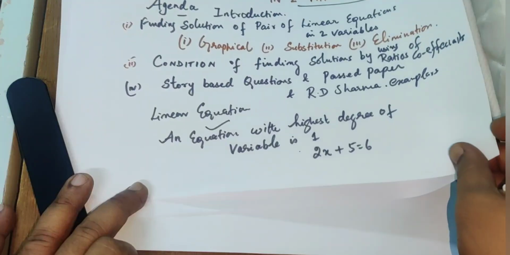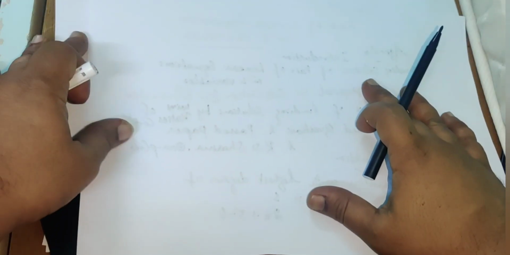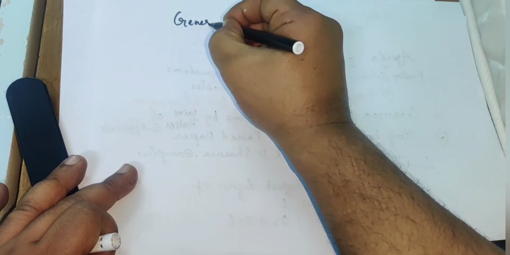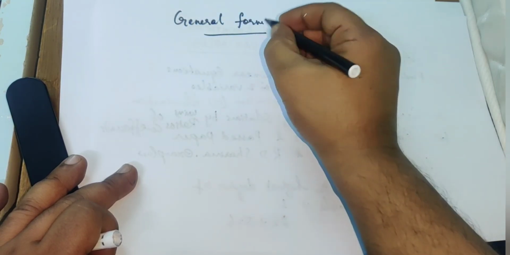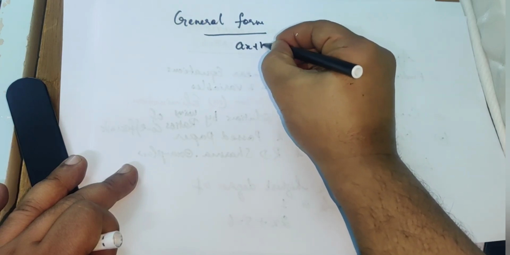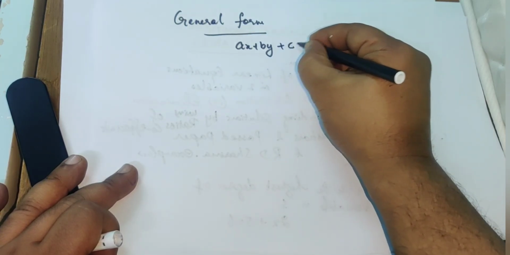So let us go for the introduction of the pair of linear equation in two variables. First of all, you need to know about the general form of linear equation in two variables. General form: ax plus by plus c is equal to 0.